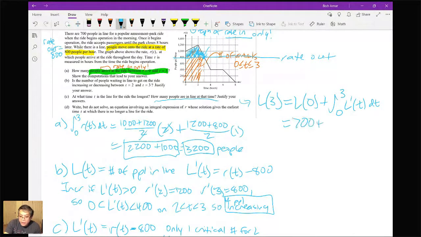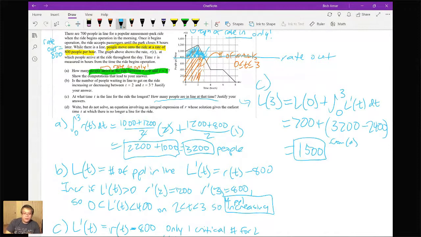Now, you could make a lot of arguments about 0 to 3, but the easiest way to do it is to take the number of arrivals from part A and subtract the number of departures, 800 people per hour. So 3,900 minus 2,400 is 1,500 people. So this is part C.